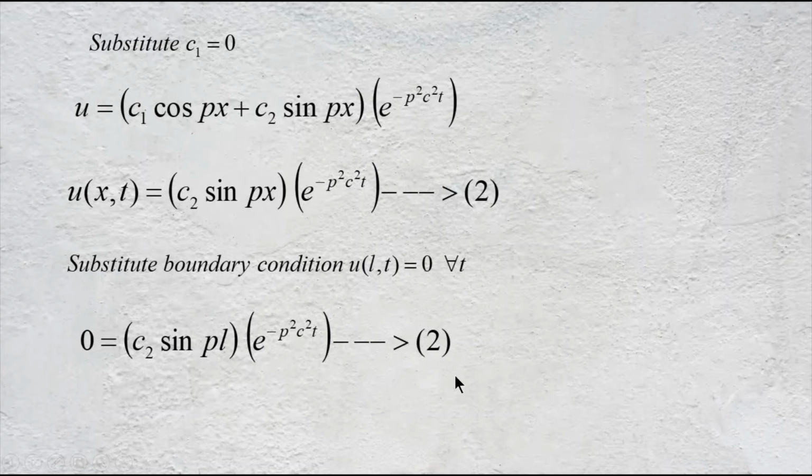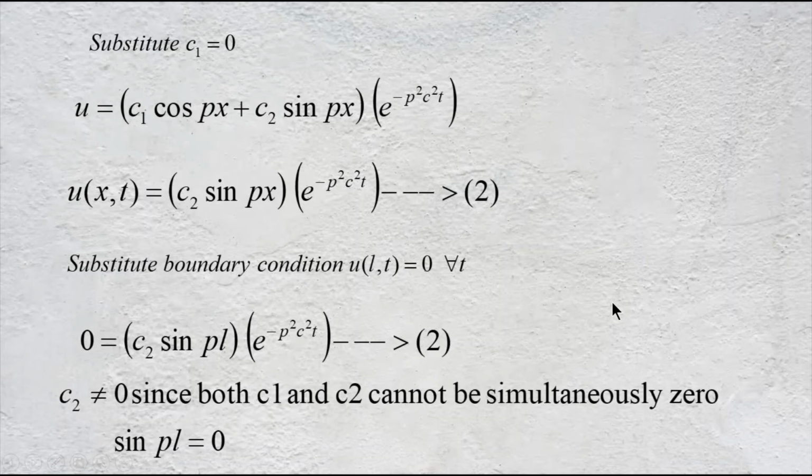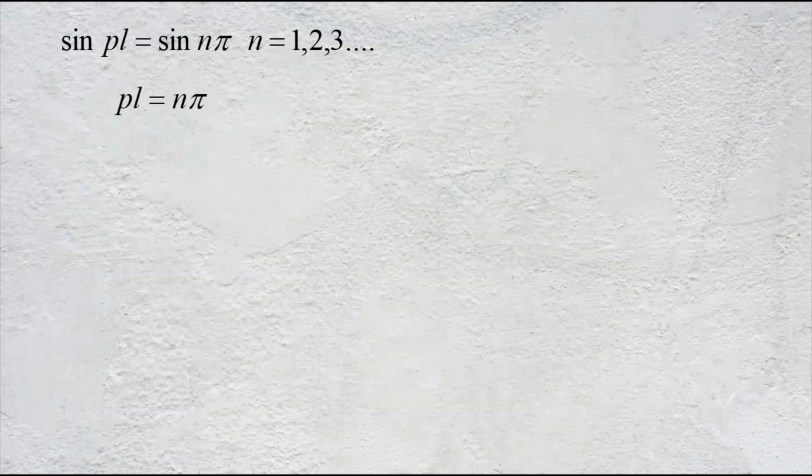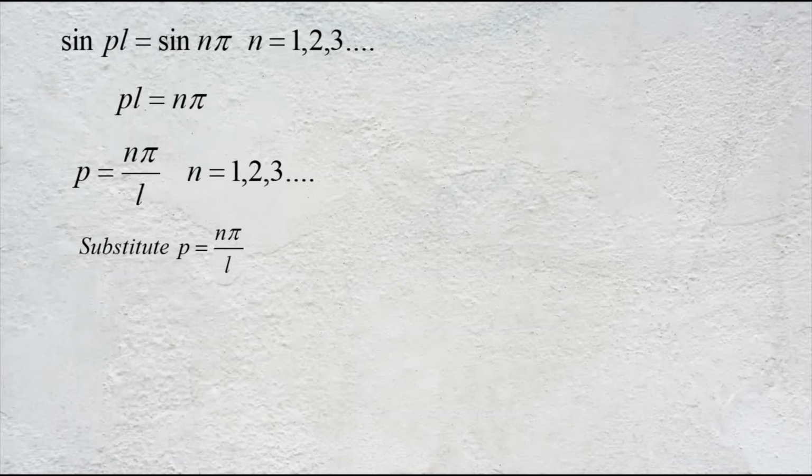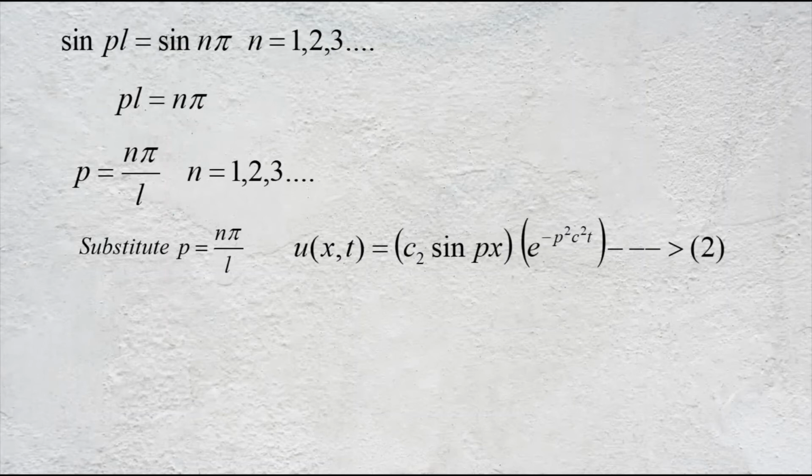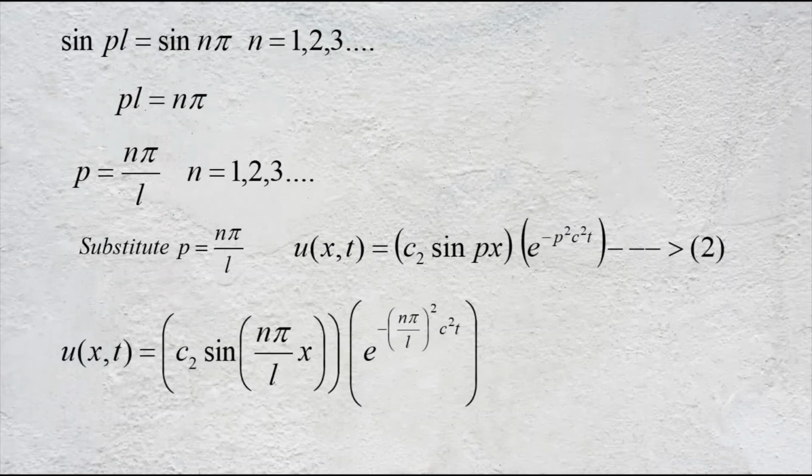Therefore sin PL must be 0, which is nothing but sin n pi, where n is 1, 2, 3, etc. Comparing, we get PL equal to n pi and P is n pi by L, where n is 1, 2, 3, etc. Now substituting this in our newly obtained solution equation 2, we get this solution.